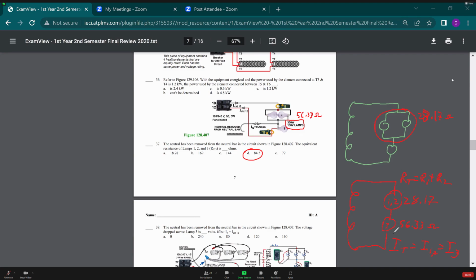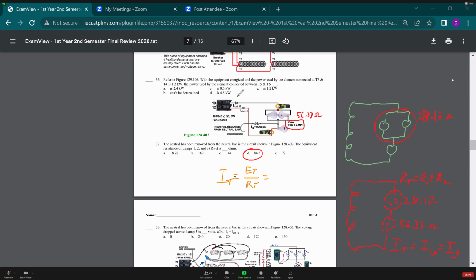It's all the same because it's series. So finding out what my I total is, let me change the color here. I total equals E total divided by R total.